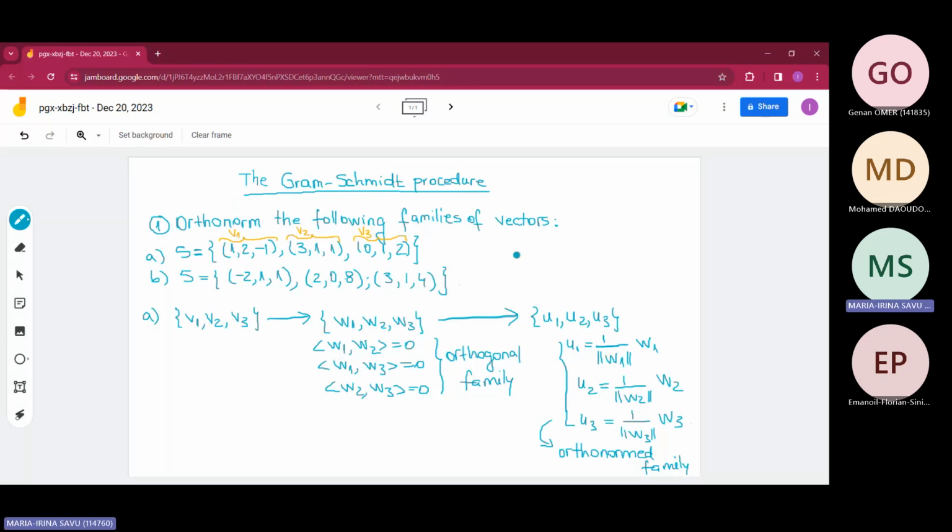This is the idea. Okay, and now let's see what we should do. How do we obtain such vectors which are perpendicular to each other?